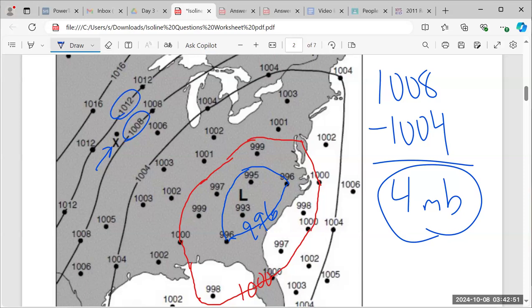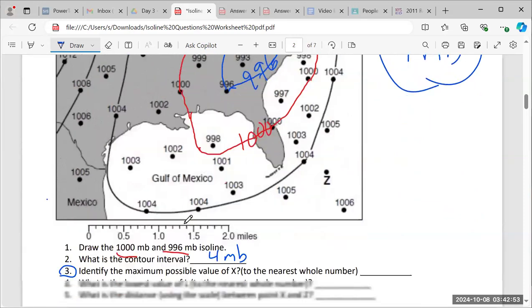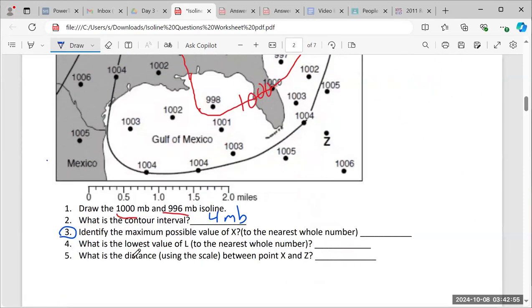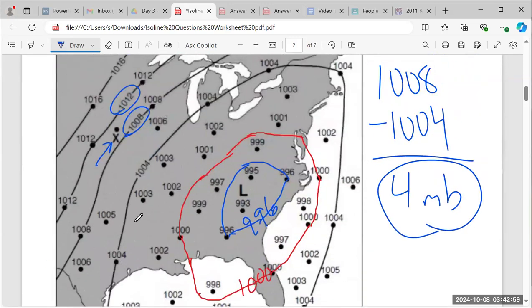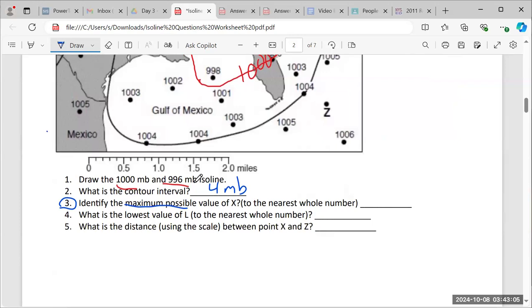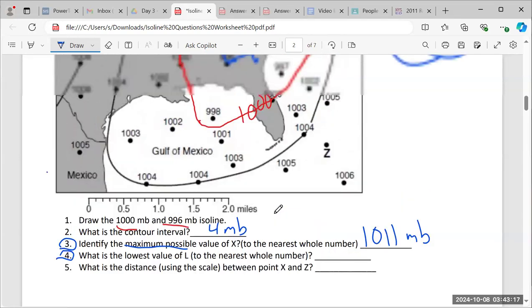So what is a maximum possible value? That means it has to be greater than 1008 but less than 1012. So therefore, it would be 1011 millibars.